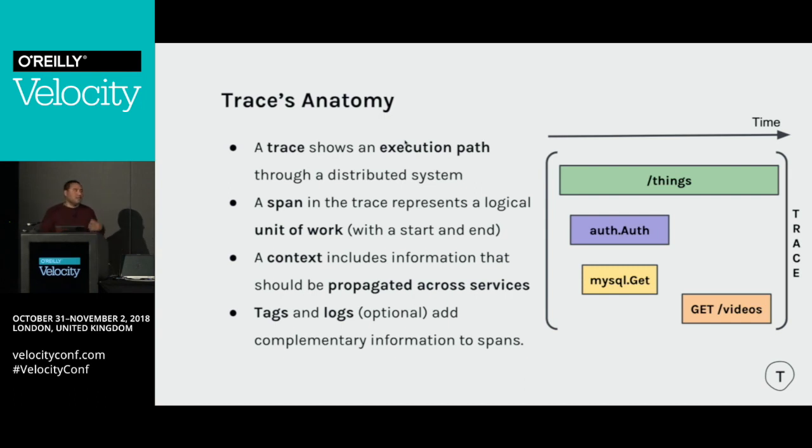For example, an expensive operation, an HTTP request that can fail or can have latency, a database call that is, again, expensive. You have a context that should be propagated across all the components in the distributed architecture. And it can be propagated through HTTP headers, or Kafka message metadata, or SQS metadata.